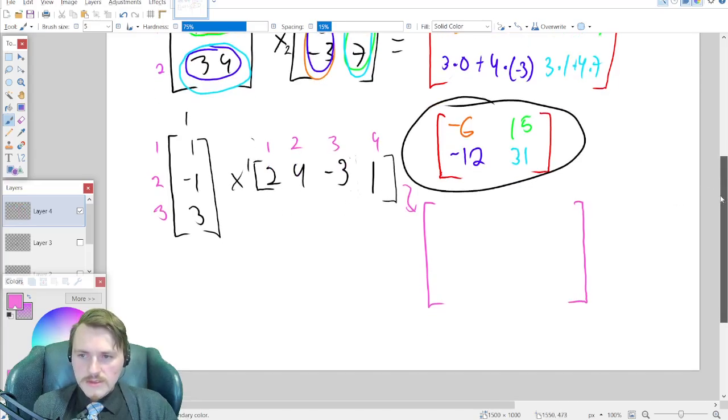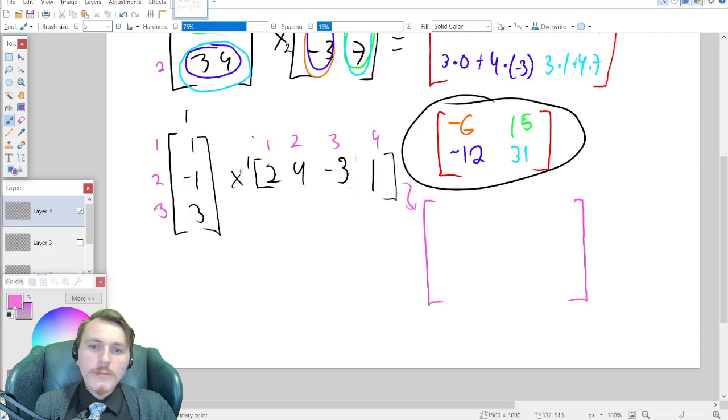Okay, so now what do we do? We multiply the first row. I want to get the thing in first row, first column. So I multiply the first row by the first column. There's only one thing in the first row and only one thing in the first column, so that's fine. 1 times 2 is 2.